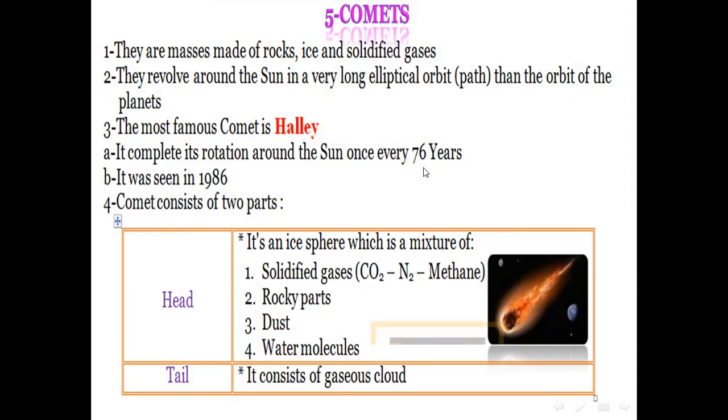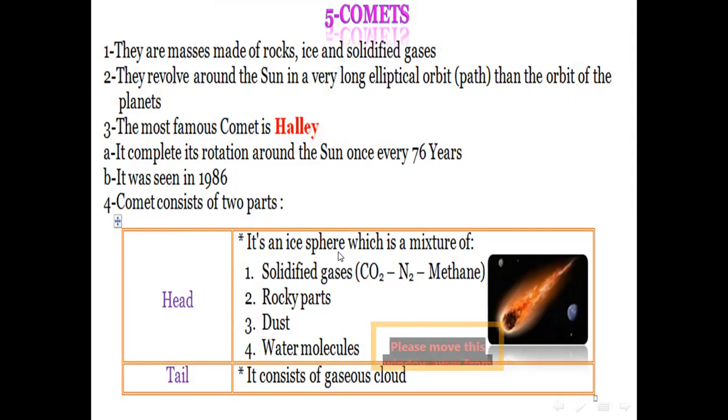So the comet consists of two main parts, the head and the tail. This part is called the head, and the rest of the body is called the tail. The head of the comet is not like the head of a human. No, it's called the head because it is the front part of Halley's comet. The head is made of an ice sphere consisting of solidified gases of carbon dioxide, nitrogen, and methane.